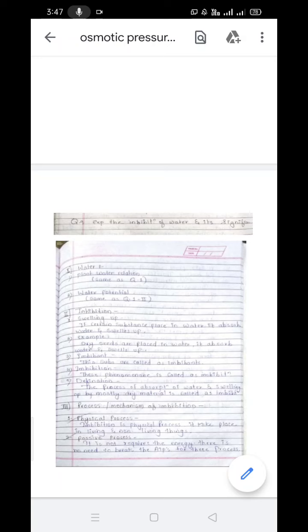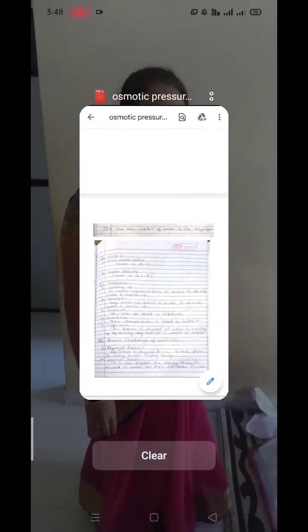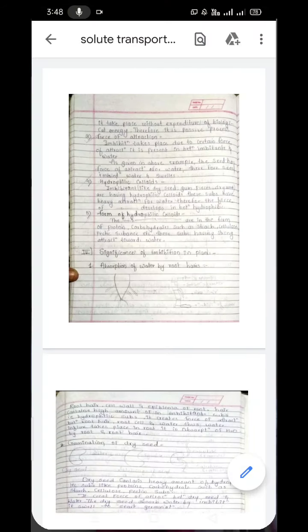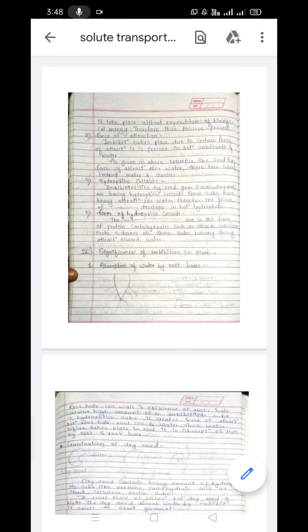So it happens in living and non-living things, and there is no requirement of energy in a biological system. That's why it is a passive process. Then it also has the force of attractions. Some hydrophilic colloids are present in the imbibers.